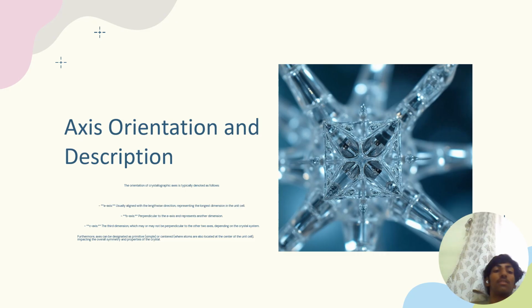These axes help in describing the crystal's symmetry. For example, cubic crystals have three axes of equal length and angles of 90 degrees, while monoclinic or triclinic systems have unequal axes and non-right angles. Crystals may be classified as primitive, with atoms only at the corners of the unit cell, or centered, with additional atoms inside the cell, which impacts the crystal structure and the physical properties.